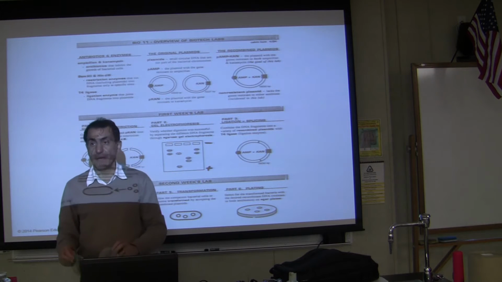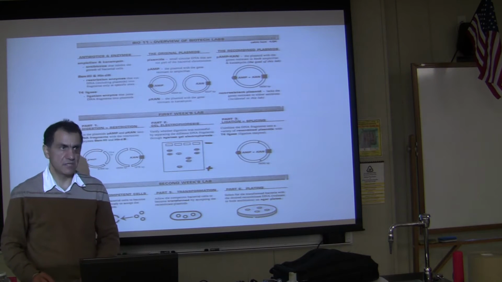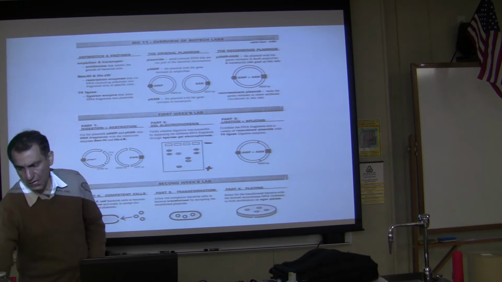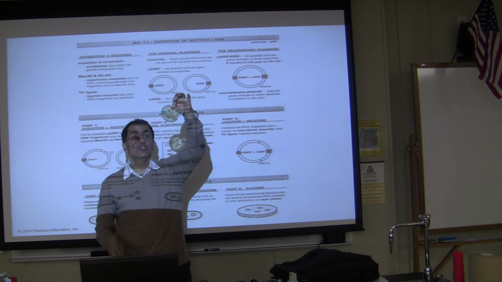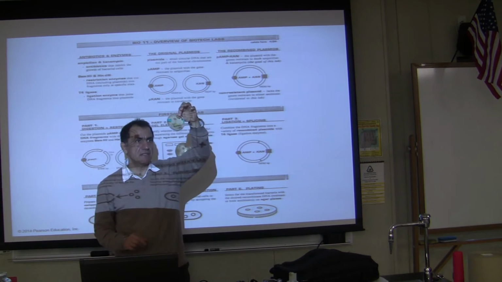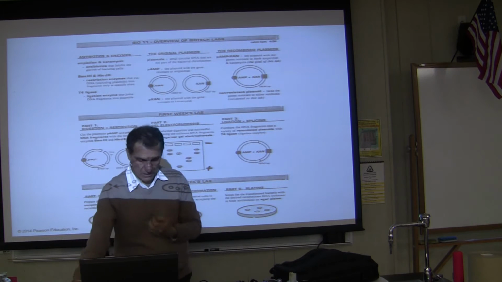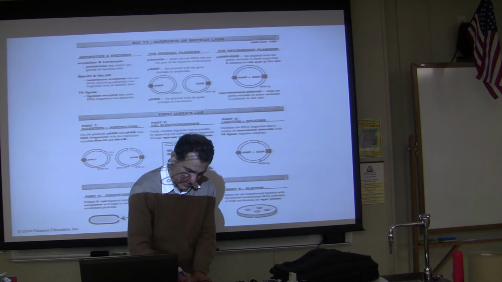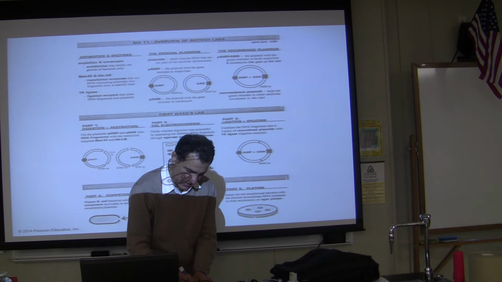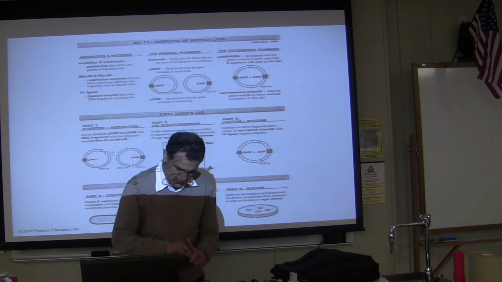Now, I want to make a bacteria. They do this daily in the lab every day. I want to make a bacteria like these that are resistant to both ampicillin and kanamycin. This one, I'm going to write down AMP plus KAN.